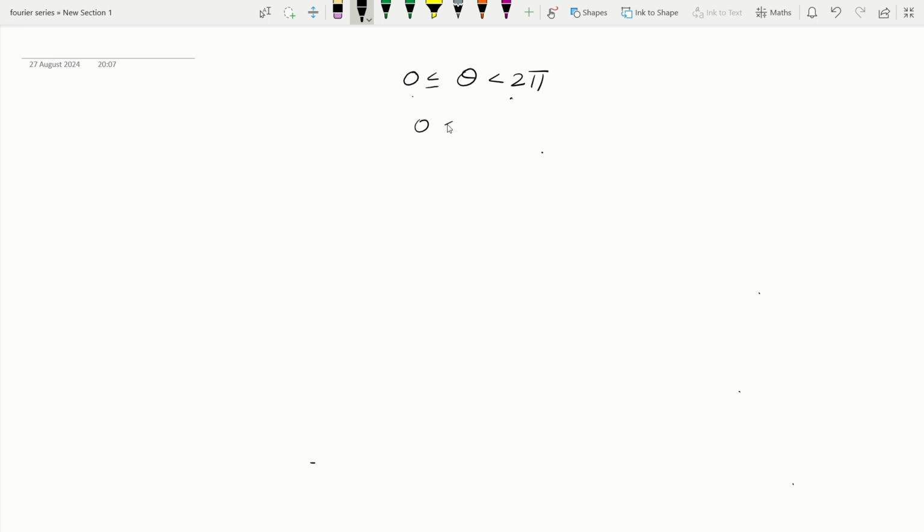Sometimes it will be like this: 0 less than theta less than or equal to 2 pi. That means when you are calculating the values, either 0 or 2 pi you have to include, not both. Mostly they will exclude one in the given problem. If they give it, you have to ignore that value.